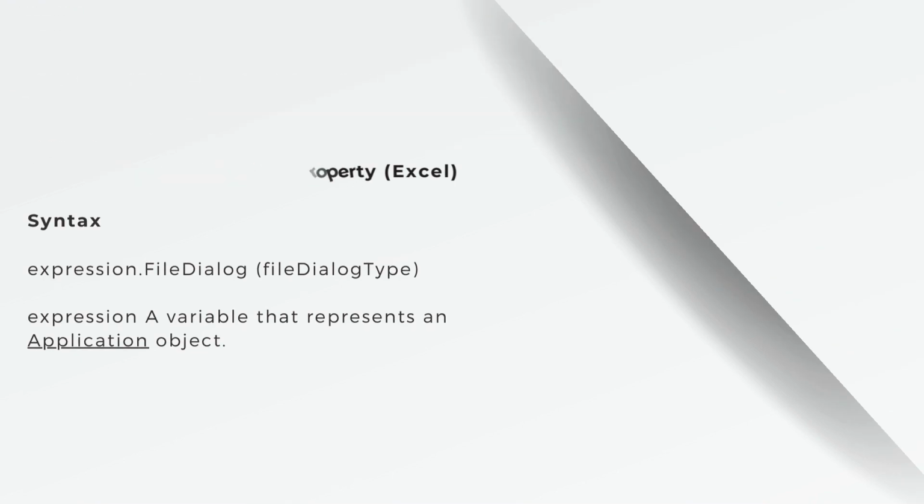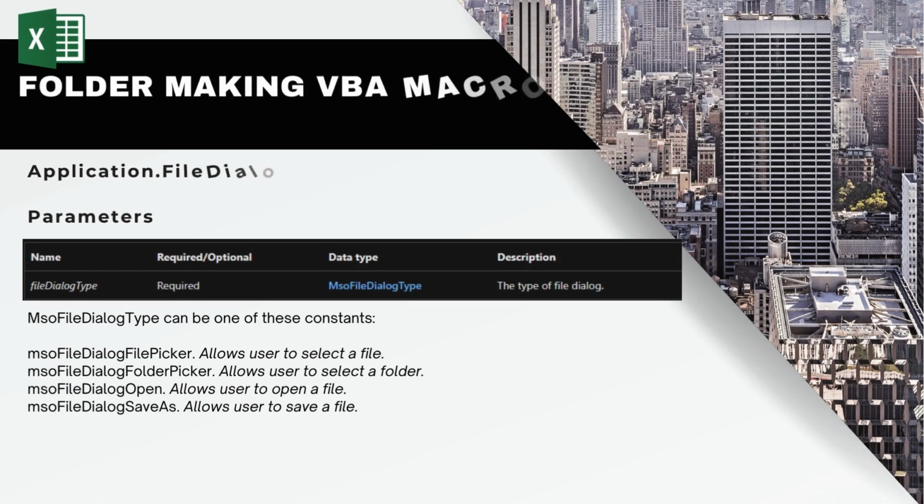And here are a few other things that I had to come across. Now, with the Application.FileDialog property in Excel, the parameters are such that you have the name, FileDialogType, required or optional, and the data type, MsoFileDialogType, which is the type of dialog.